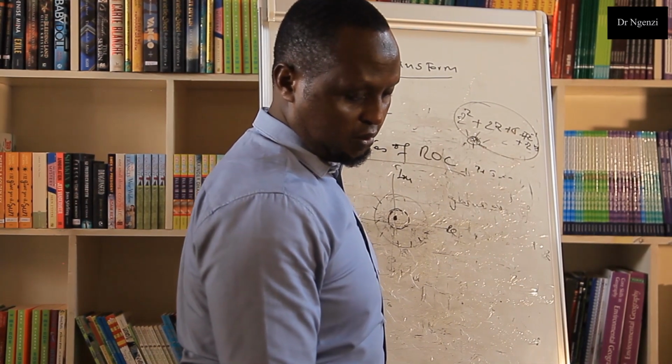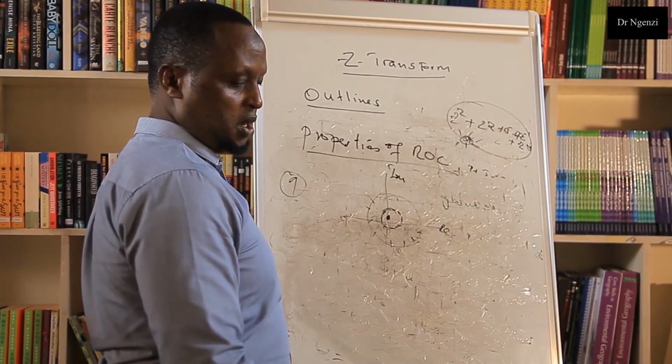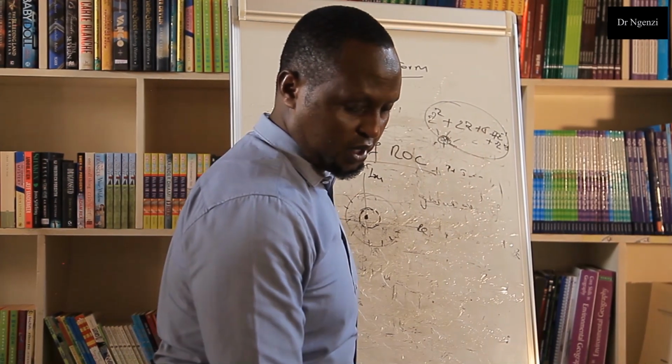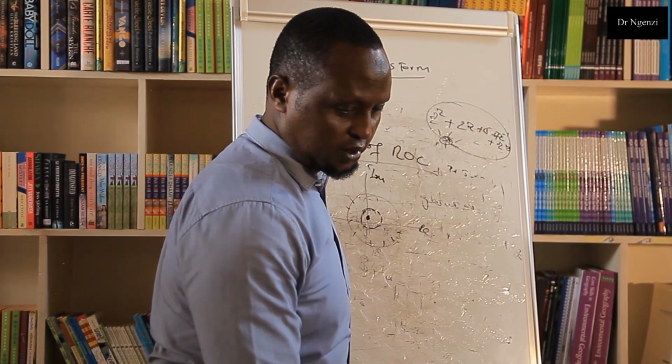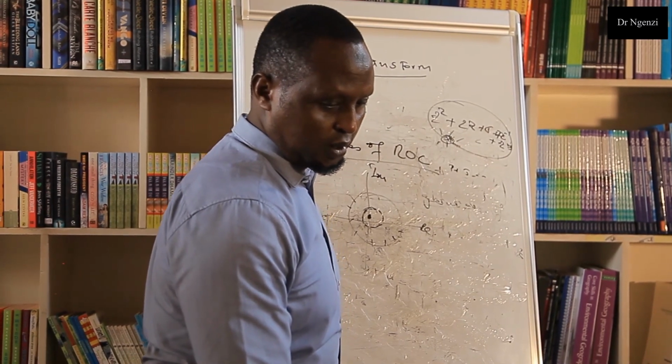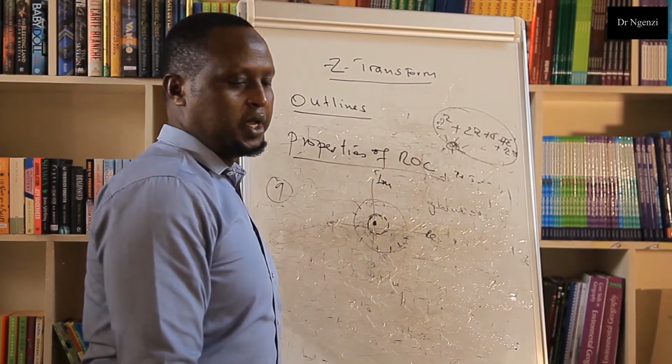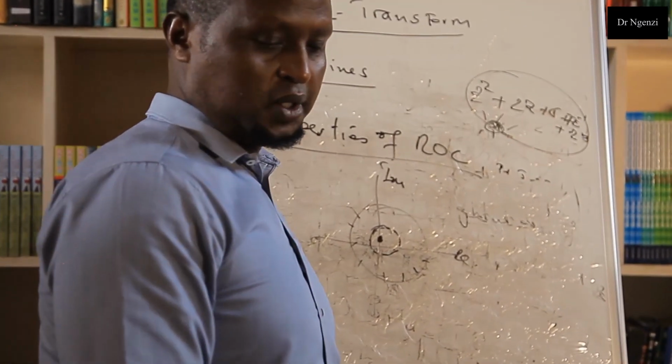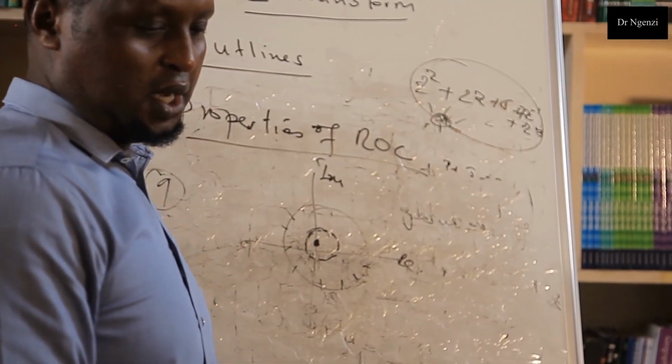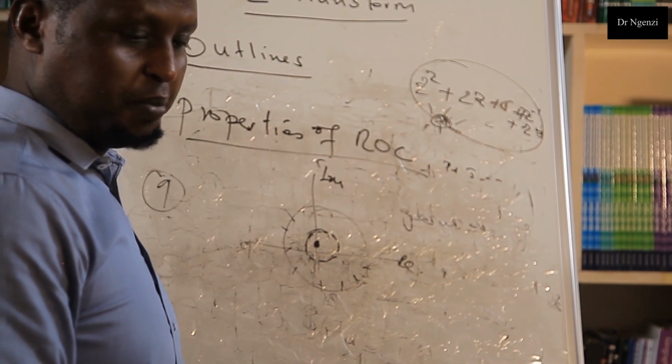Remember when we were talking about the causal system and the non-causal system in our signals and systems. So a ring or a disk in the z plane at the origin is also one of the properties.